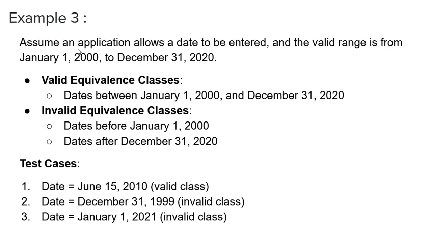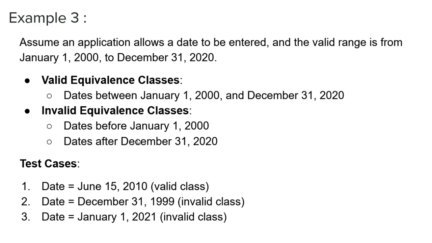Now how will you divide this into equivalence classes? The first is the valid class, that is dates between 1 January 2000 and December 31, 2020. All those days will be in the valid equivalence class, and we will create one invalid class for dates before January 1, 2000, and another class for dates after December 31, 2020. So we have three classes.